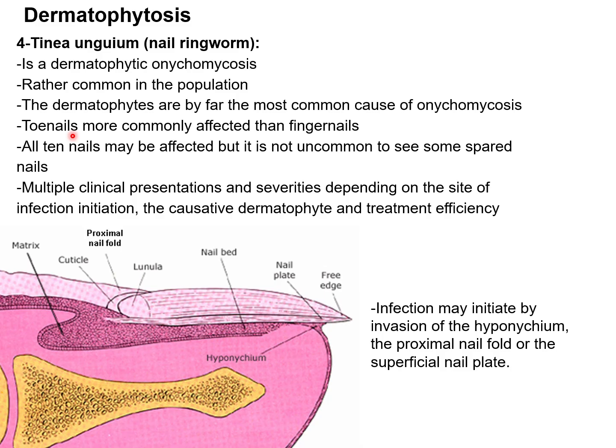The infection might start distally here at the hyponychium. It might start proximally at the nail fold, and sometimes we might have invasion of the nail plate. I have a couple of pictures on the next slide that might illustrate how the disease could progress and what it might look like, depending on where the infection started and whether it was appropriately treated or not.